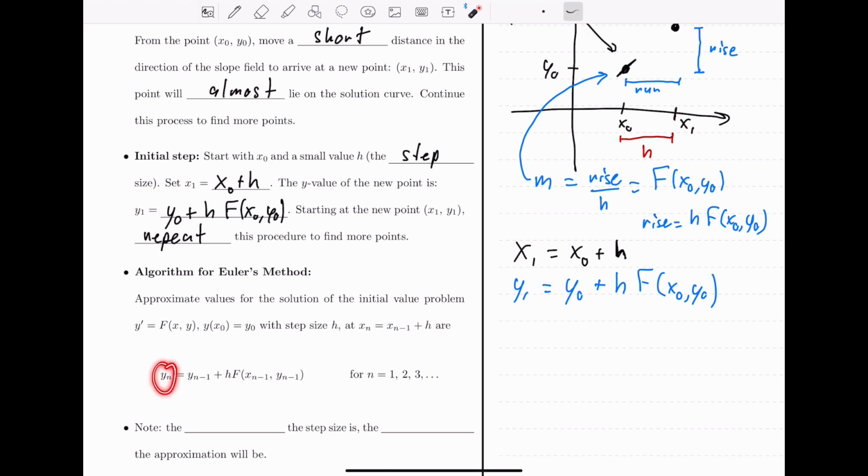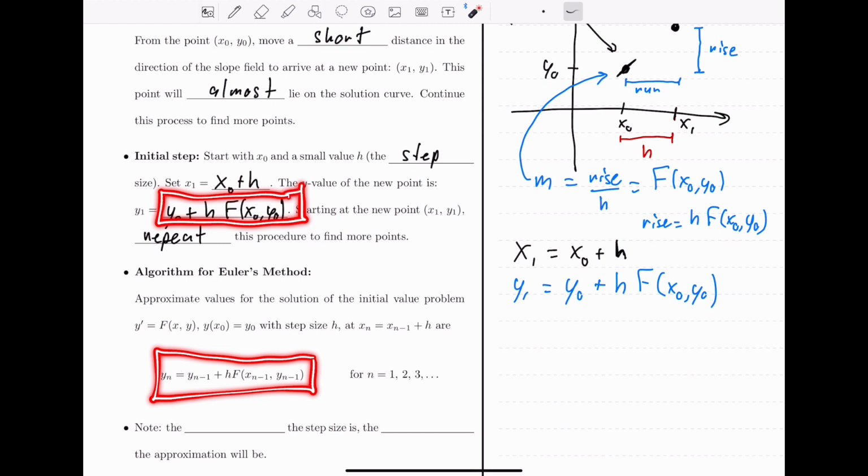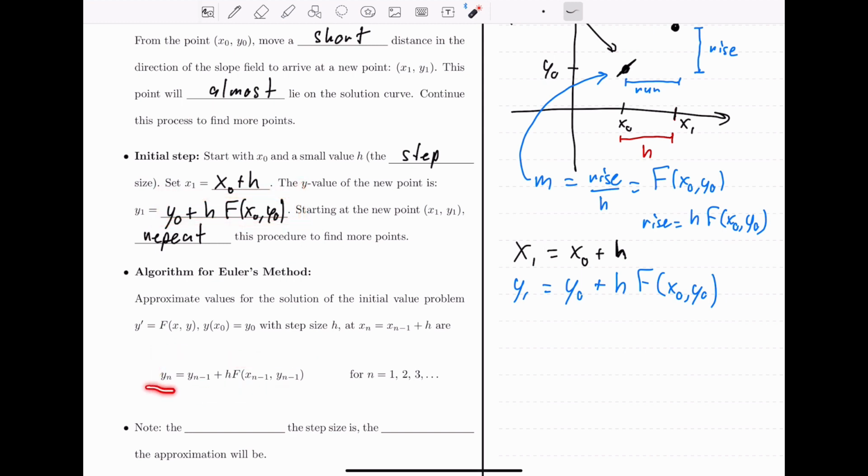And the new y value is the old y value plus the step size times the differential equation at the old point. Now notice the similarity between this equation here and what we just developed. Really, they're saying pretty much the same thing. This equation here is saying that the way to get the new y value is to take the old y value and add the rise here, which is the step size times the slope at the previous point.